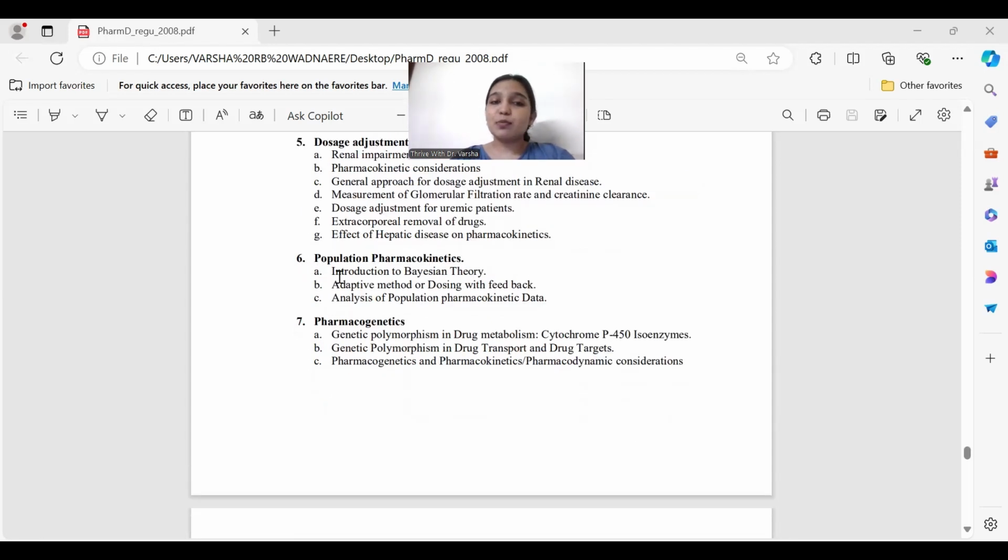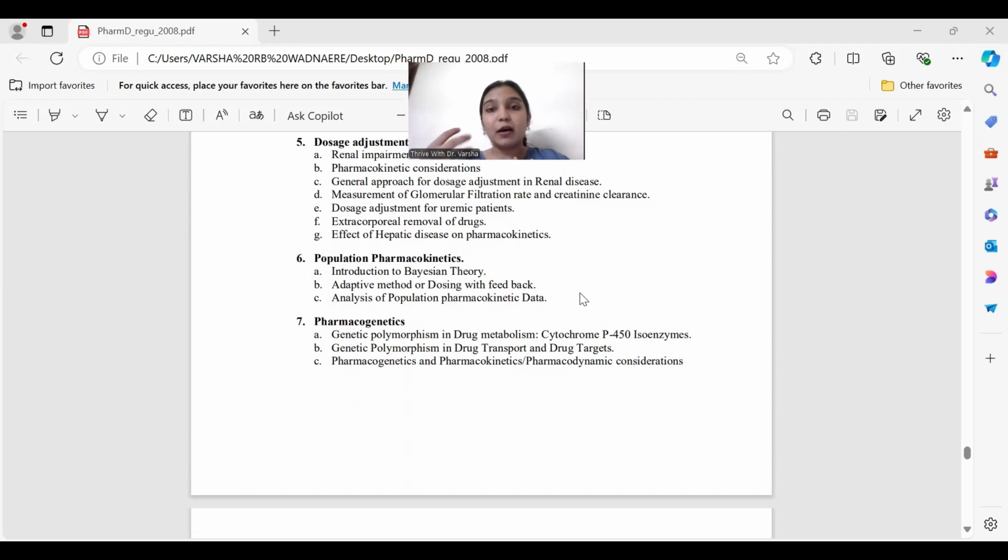Then the next is population pharmacokinetics. Here you learn what theories have been effective in pharmacokinetic studies and in therapeutic drug monitoring. You'll learn what those studies have done, and how the patient population data has been used in a particular way so you can get a particular result.